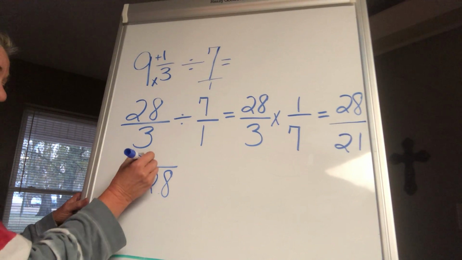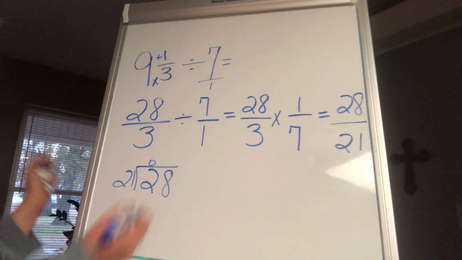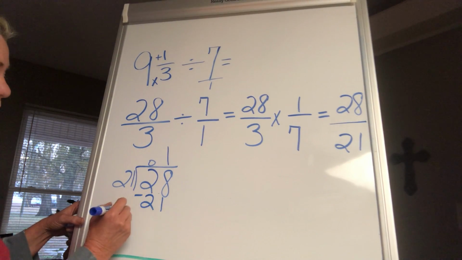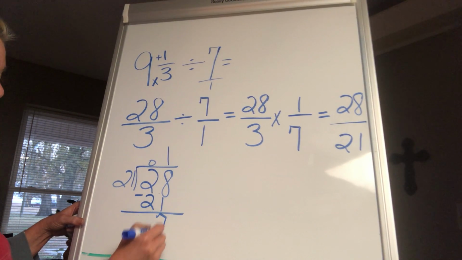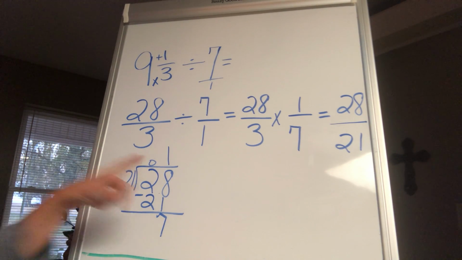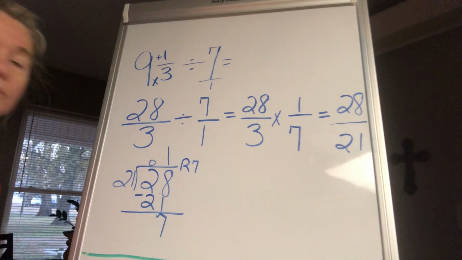Well, we know it won't go into 2. 21 will go into 28. Well, that'll only go one time, won't it? And 1 times 21 is 21. And if we subtract, we get 7. 21 won't go into 7, and there's nothing else to bring down, so I have a remainder of 7.